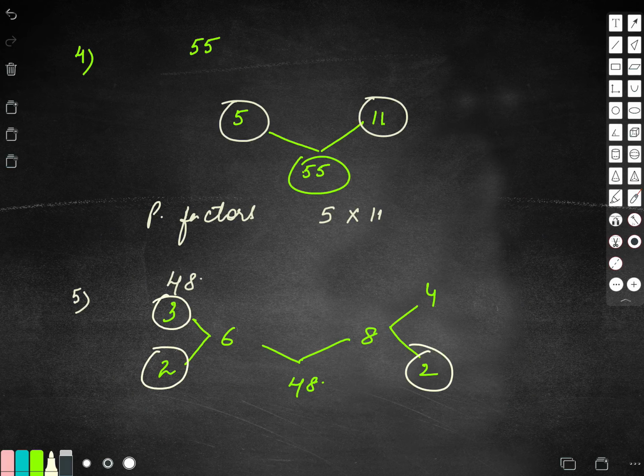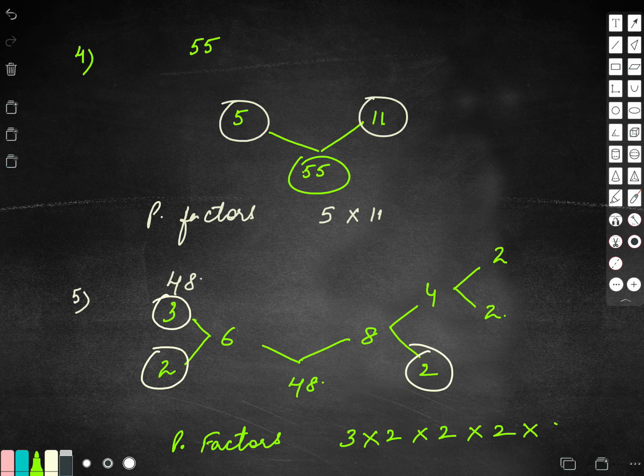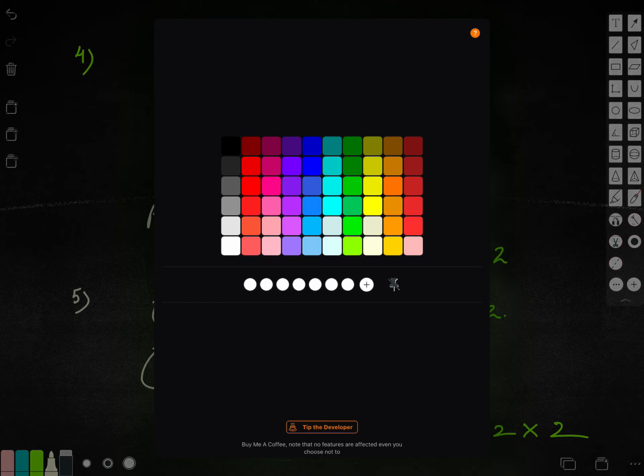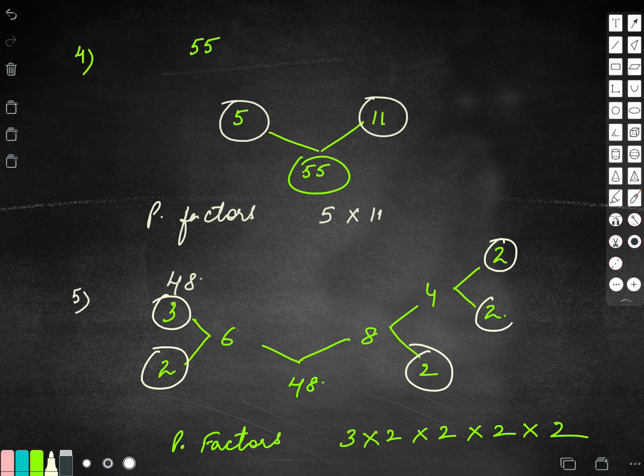I have got 1, 2, 3 primes and one composite. So what I will do, I will make a branch again. As I told you, you can make the branches in any direction. What are my prime factors? 3 multiply 2 multiply 2 multiply 2 multiply 2. All the prime numbers, children, please circle and in the end write all the circled prime numbers.